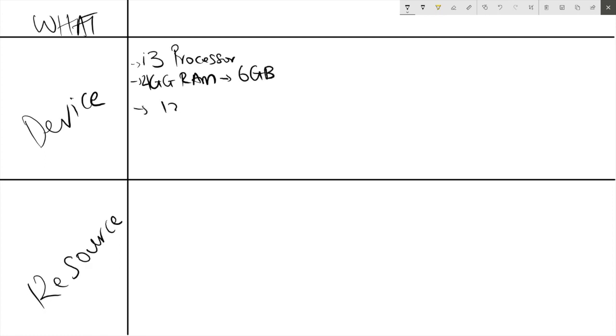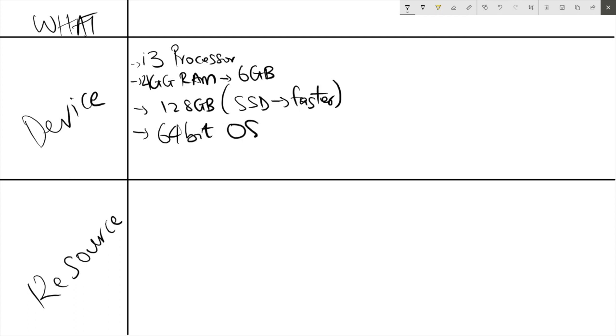And then for storage, 120 gig. Normally I would advise you go for SSD because it is way faster than HDD. Of course, you need speed. Speed is one thing that is very important to developers. And your device should also run a 64-bit operating system. That is very, very important as a developer.